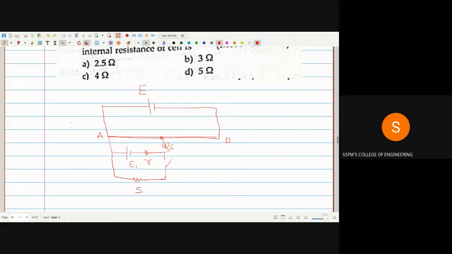आता पहिल्या केसमध्ये काय केलंय बघा इथं. आता बॅलन्स कधी होतो? When it is balanced, if the current flowing through the galvanometer is 0. आता समजा हा स्विच ओपन आहे. In the first case, switch is open, and at the balance point, the current in the branch of R, the branch R is 0. याच्यातून करंट फ्लो होत नाही.